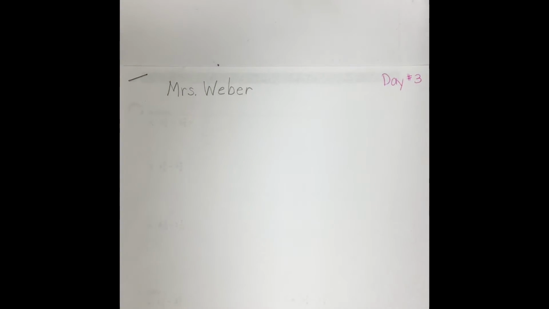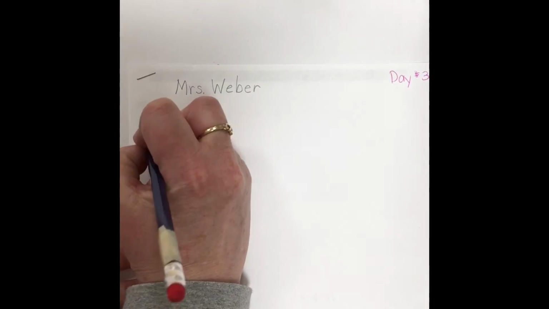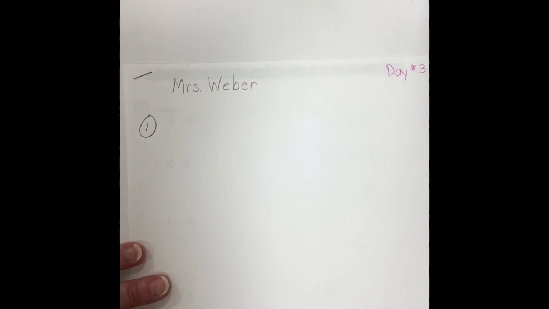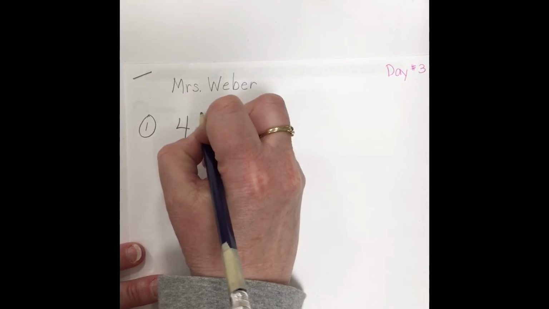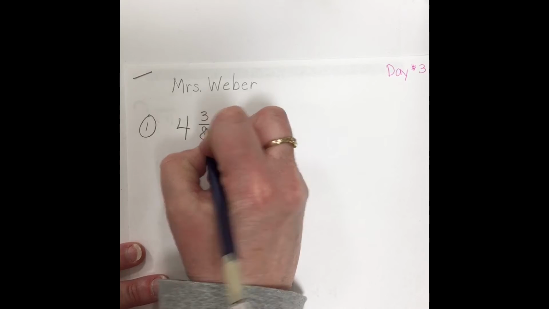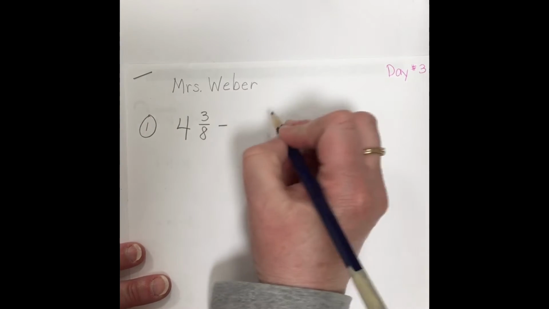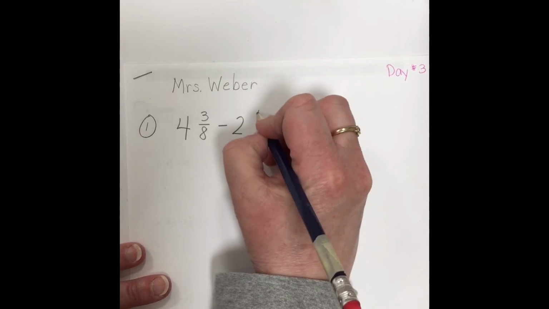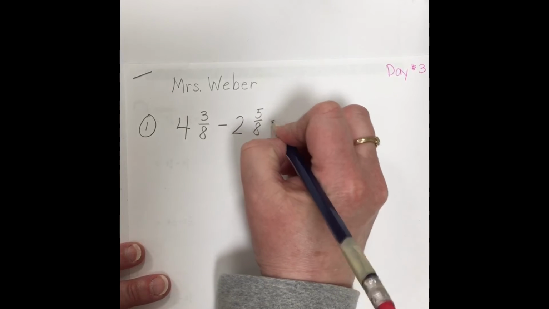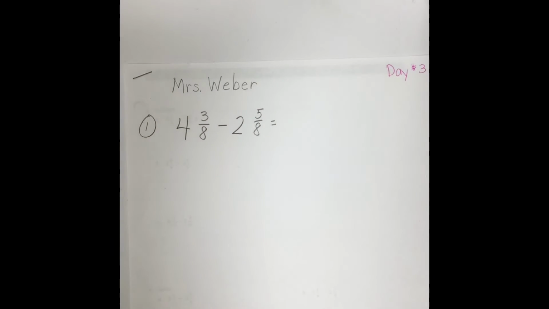Today's goal is to subtract a mixed number from a mixed number. So let's get started. Number 1, let's take 4 3/8 minus 2 5/8 equals.